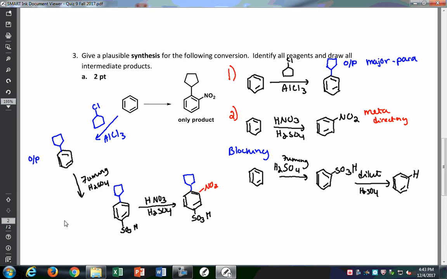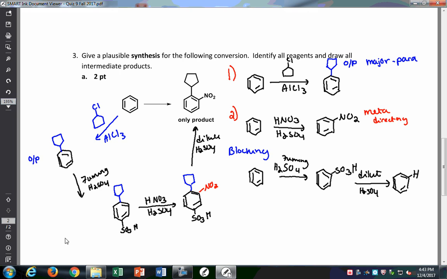But we don't want that SO3H in our final product, so we're just going to remove it with dilute H2SO4. You will get some minor ortho product, but if we want to get a decent synthesis, then we want as much of that ortho product as possible. So we want it to be major. We don't want it to be minor. That's where the blocking group comes in.